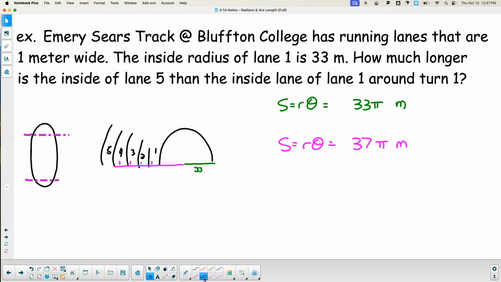The inside of lane 5 is 4 pi meters longer than the inside of lane 1, which would be 12, I believe it's 566 meters longer.